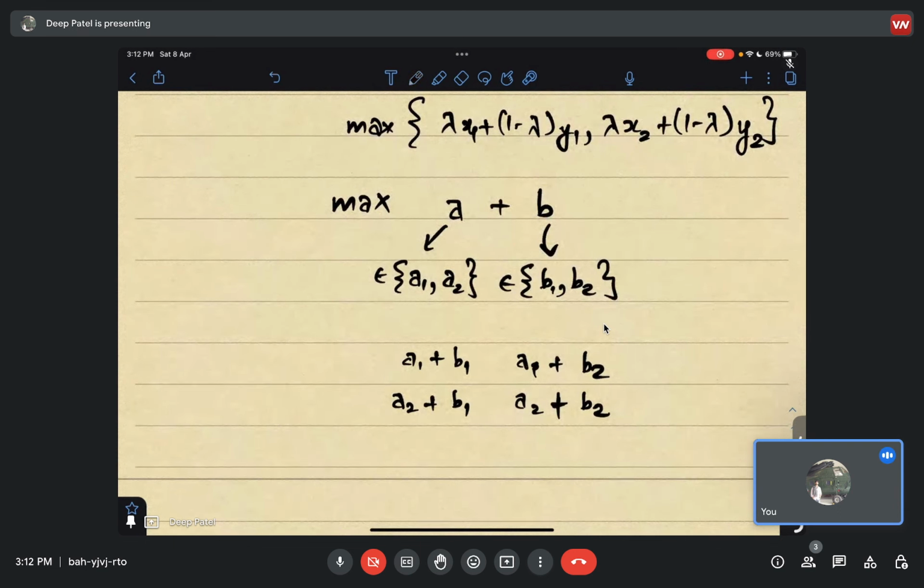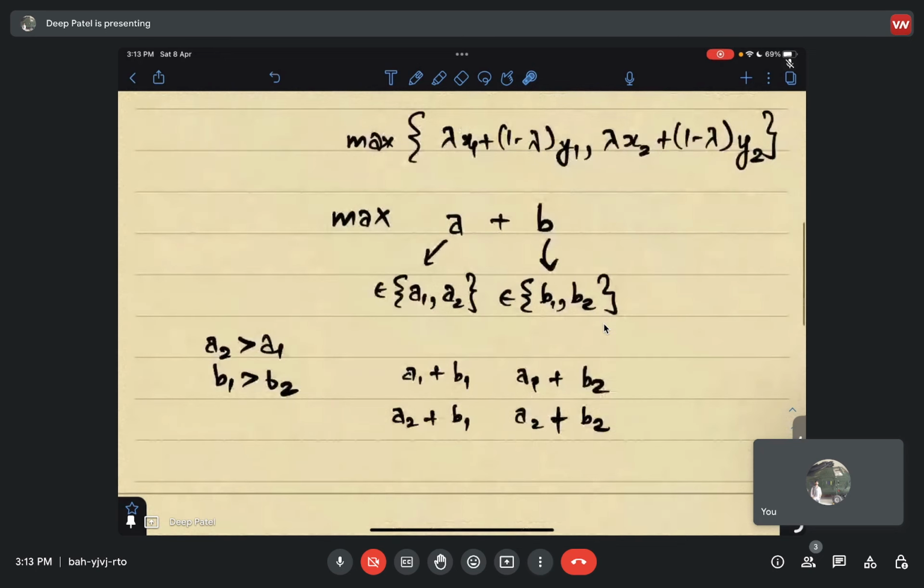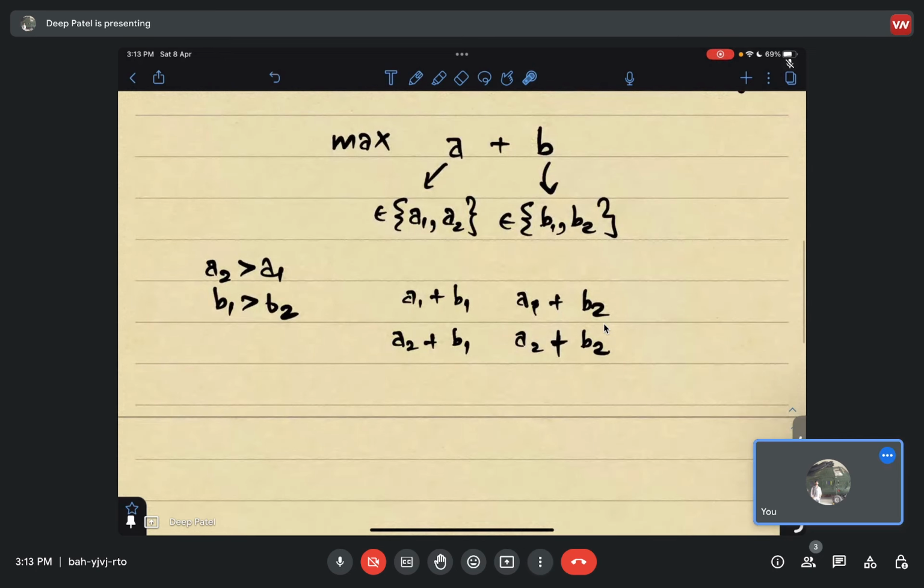Just for concreteness, let's say a2 is greater than a1 and b1 is greater than b2, just for this case. So how can you maximize this summation? You take the highest value of a and the highest value of b, meaning a2 plus b1.